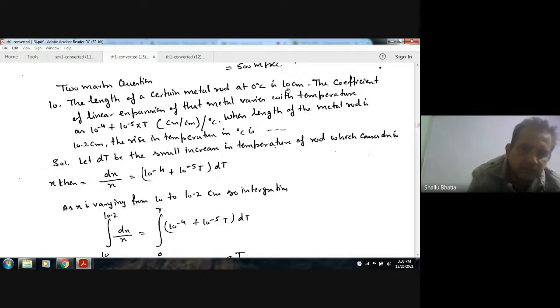Now it is given that the coefficient of linear expansion of the metal varies with temperature. Now alpha is varying like this.